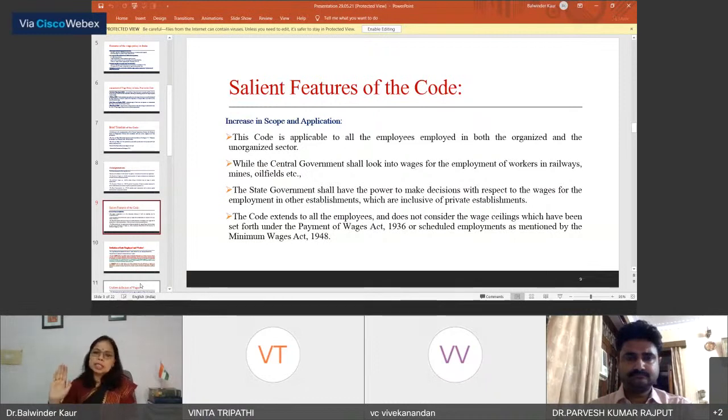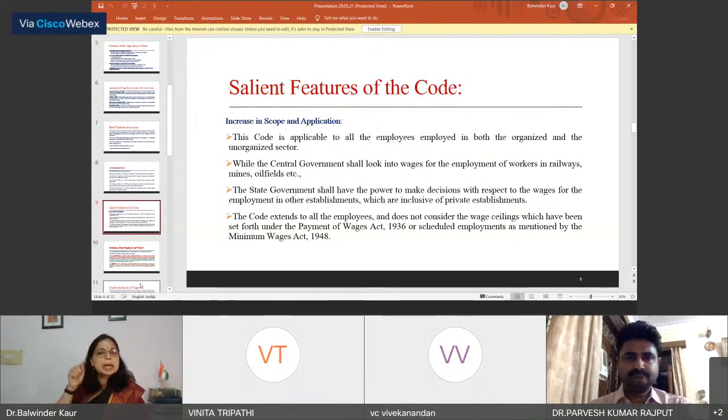So nowhere is it mentioned that it will be applicable only to certain establishments, only to the 8 industries, or only to the scheduled employment. That is the major difference between the Code on Wages 2019 and the earlier legislations which we were having.